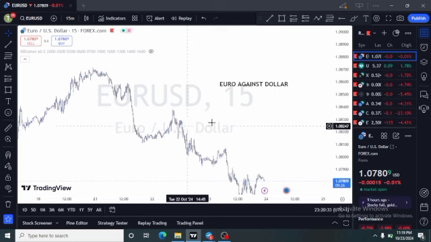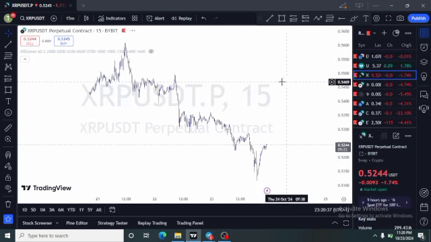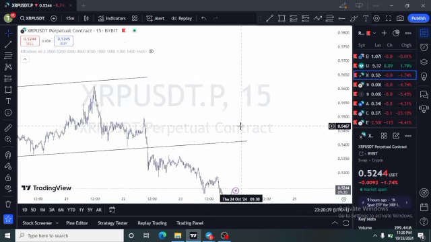So now, what are cryptocurrencies? Cryptocurrencies are just like, let me say, coins. They have value just like currencies, and they are a mode of payment just like currencies. Each tradable cryptocurrency is traded against the US dollar.